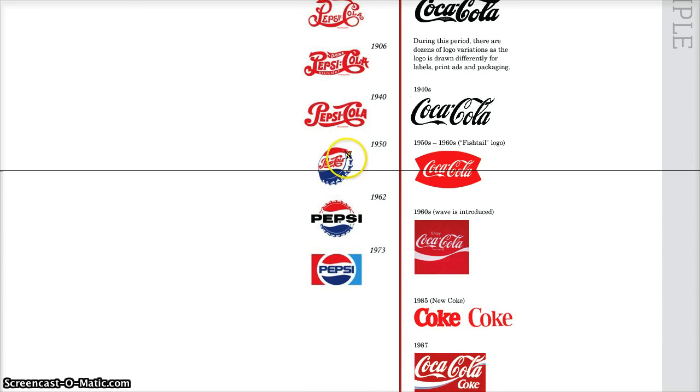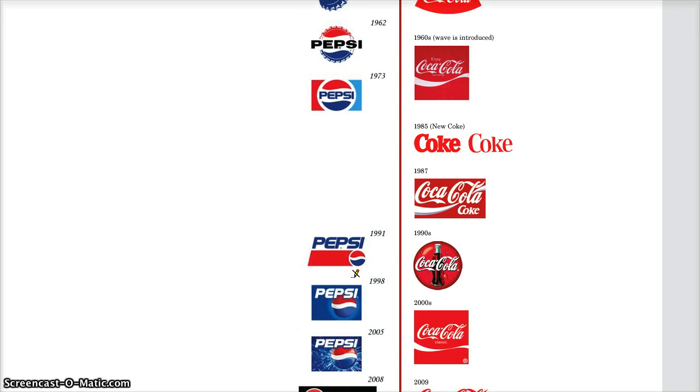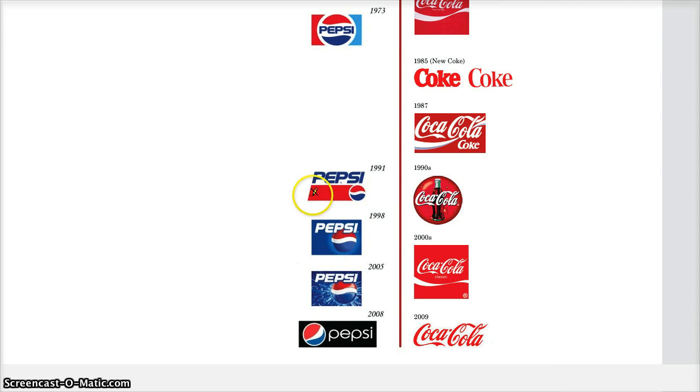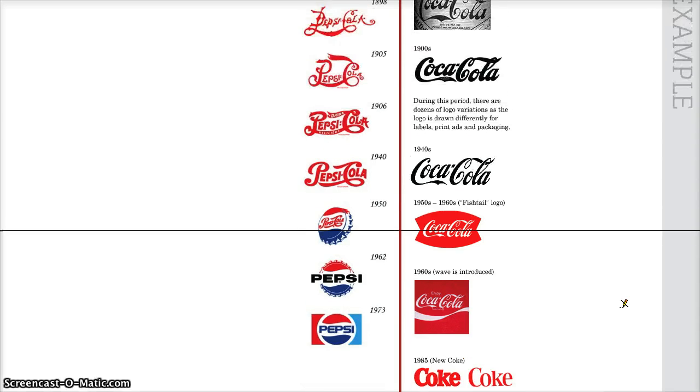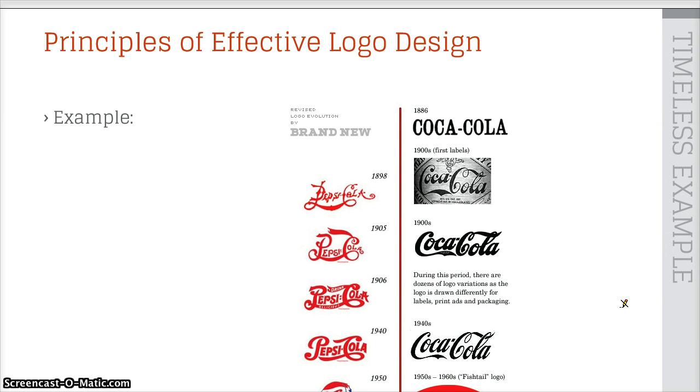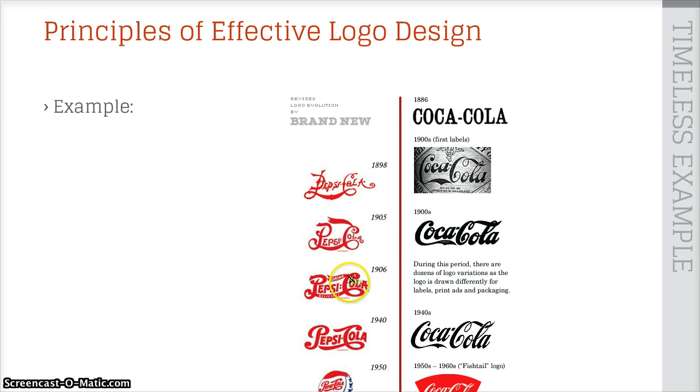We move into a more circular bottle cap design, and then we go down to some rectangles and some ice, and lastly the final logo. So that's just some examples of timeless logos. This is a really neat chart.